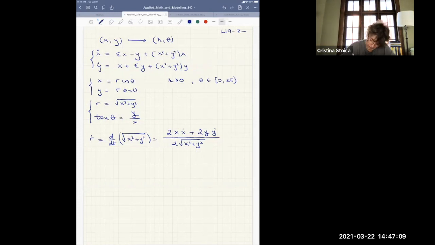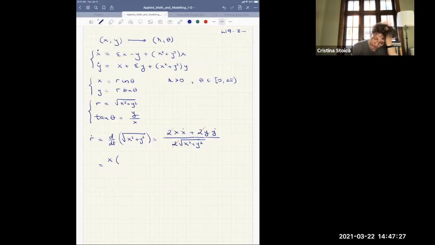okay? And now I'm going to substitute there. Okay, so the 2 is going away. I'll just cut it like this. I won't write another line for you for it. And now x dot, y dot. Okay, so we have to substitute all these guys with what they are. So x is x. I'll just do it like this first.